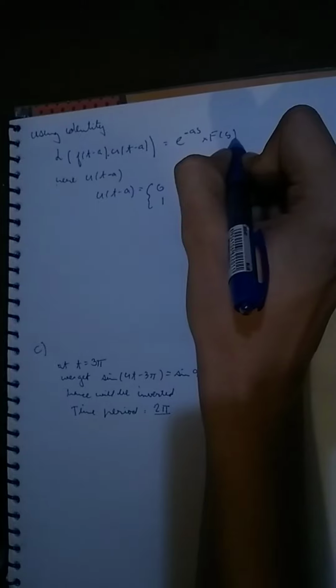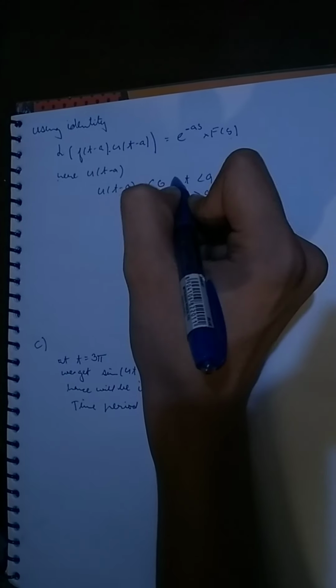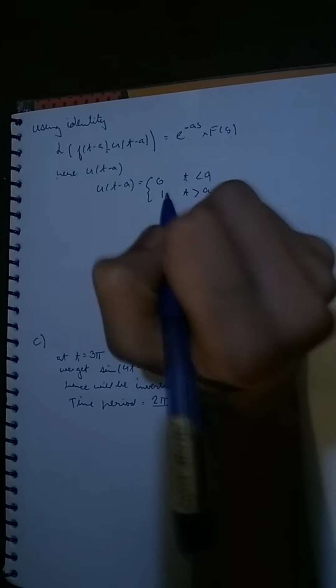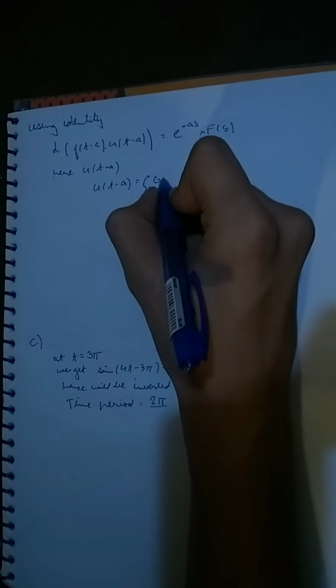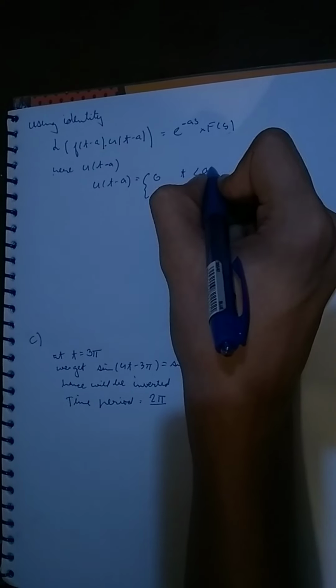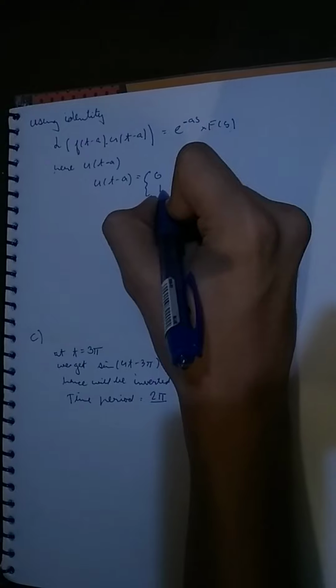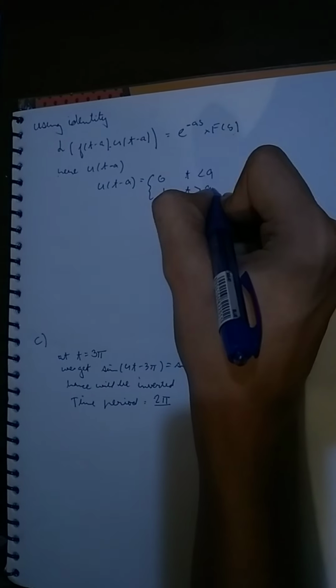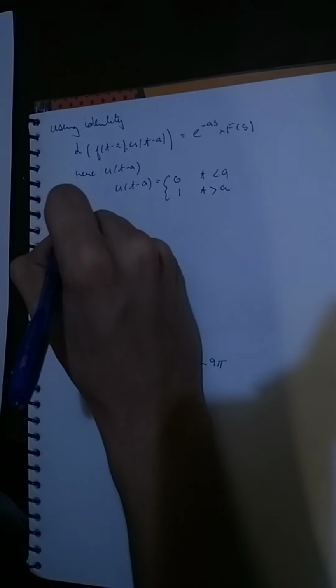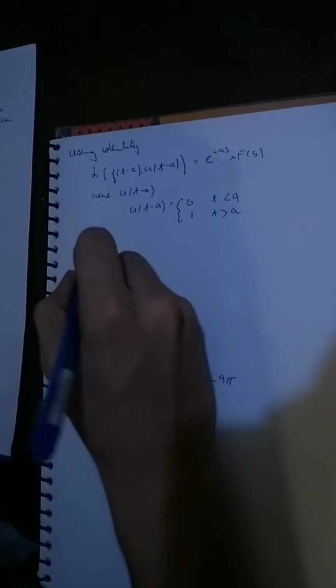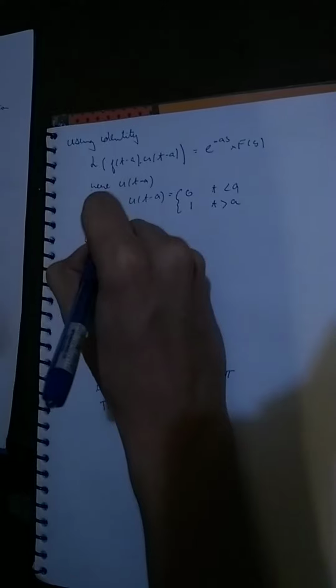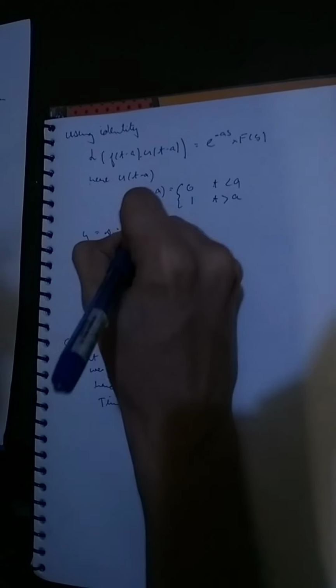Here u(t minus a) is a step function which gives 0 for t values less than a and 1 for values of t greater than a. Now for our given equation, what we'll get is y is equal to sine(4t minus 3π) into u(t minus 3π).